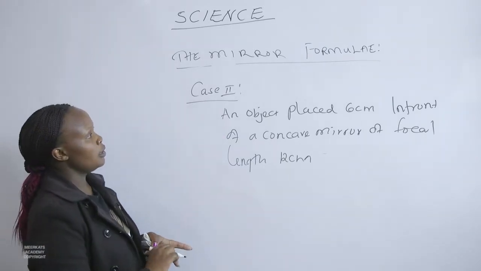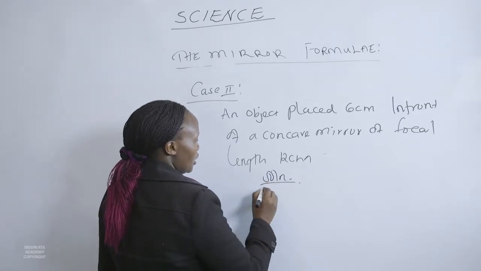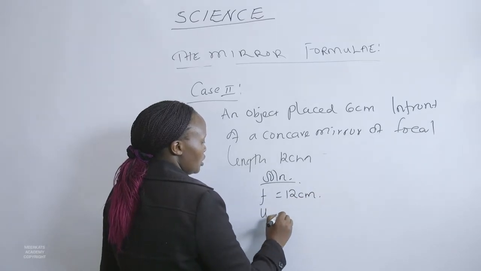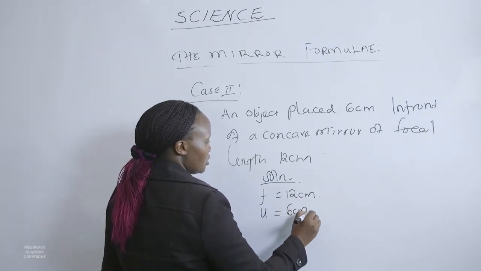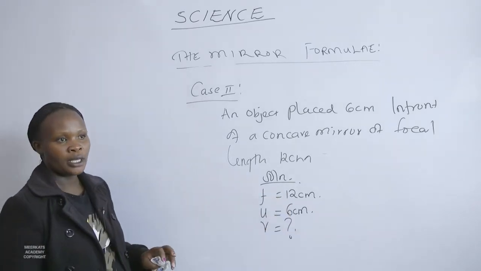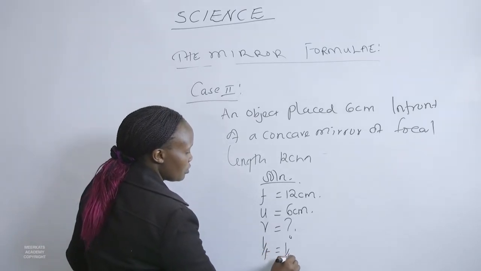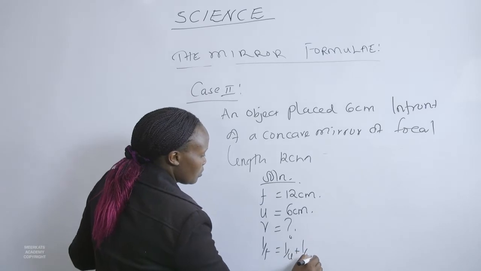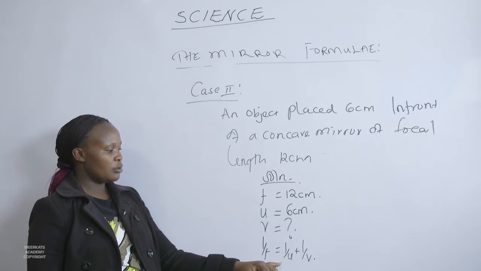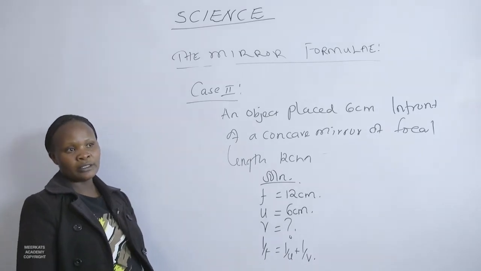We are going to consider F being equal to 12 centimeters, U is 6 centimeters, and V is what we want to look for. But we have our formula as 1 over F equal to 1 over U plus 1 over V.